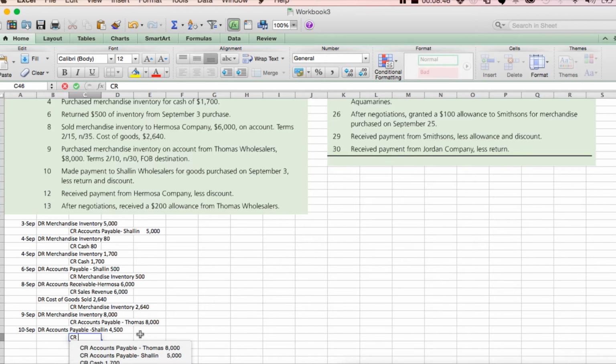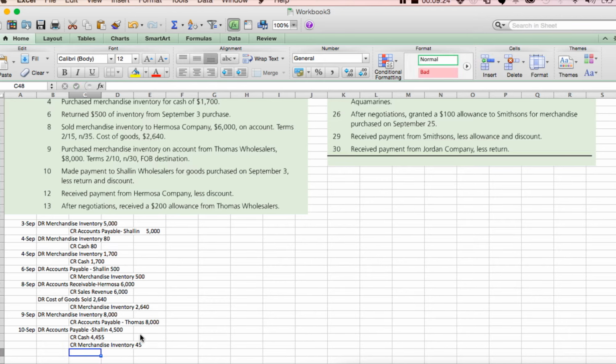So our credit is going to be to cash first, and that's going to be 4,500 minus 45, so that would be $4,455. That's a credit to cash for $4,455, and then we're also going to have a credit to merchandise inventory for $45.